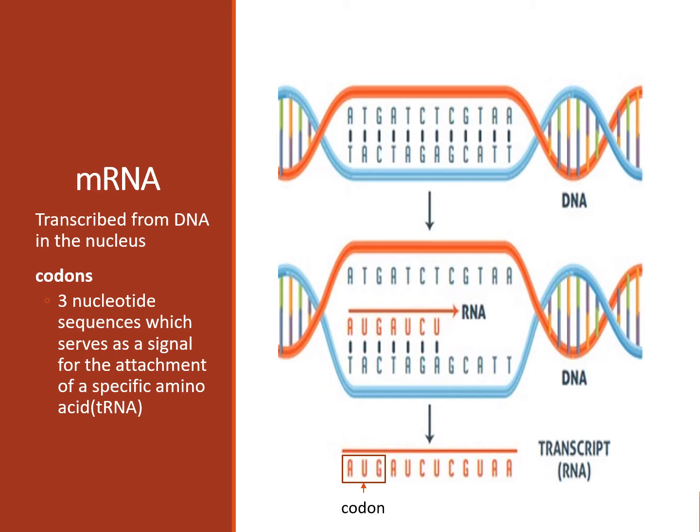They're like a secret word that means a particular amino acid. So for example, when we're looking at our transcript here, this is our messenger RNA at the bottom of this slide. At the very beginning, we have adenine, uracil, guanine. It's a 3 nucleotide sequence, and that is a codon.